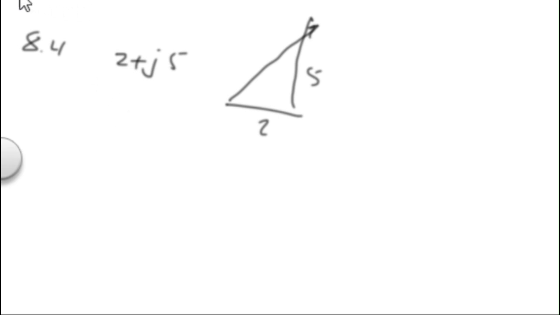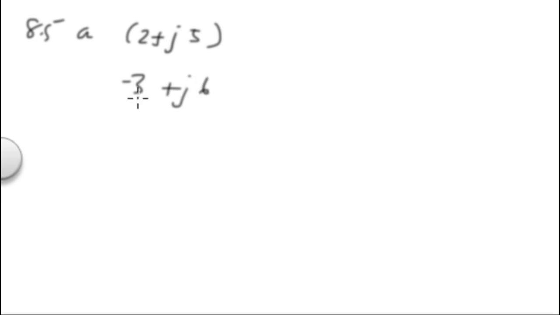Number 5. So now we want to add two numbers. 8.5A, 2 plus j5 plus a minus 3 plus j6.